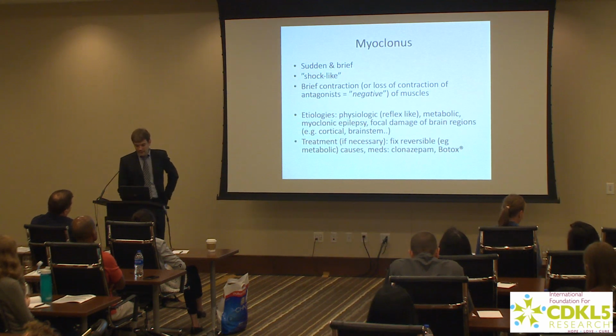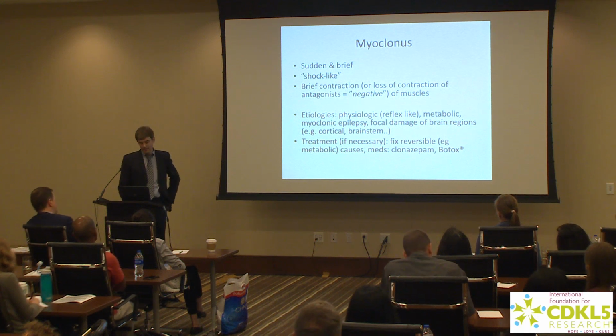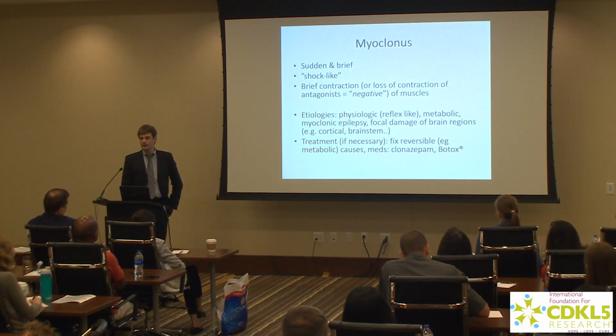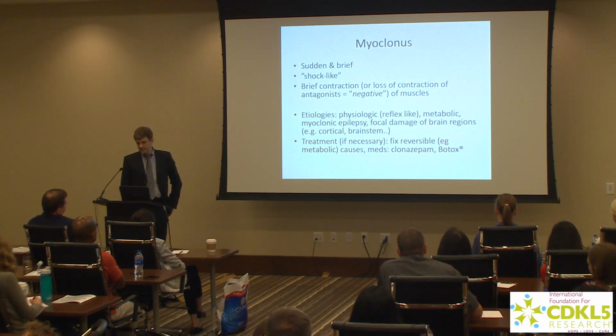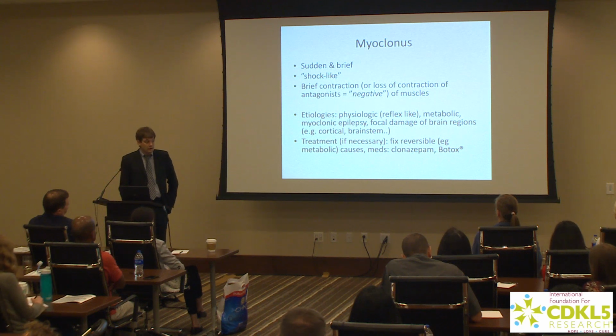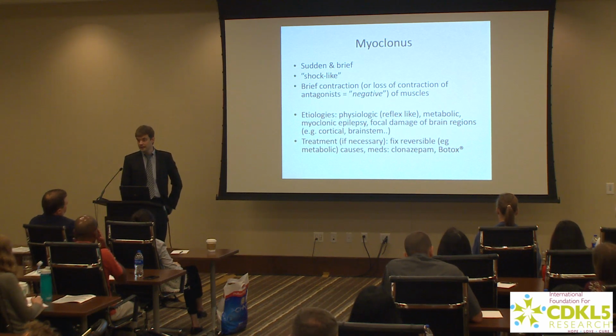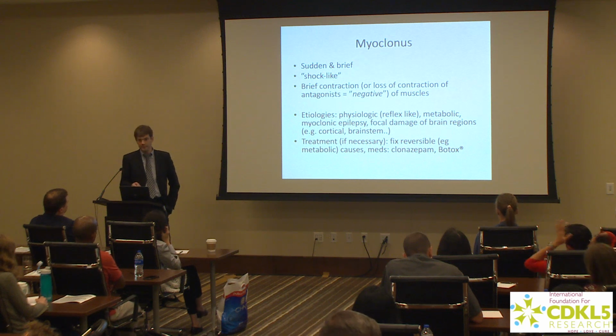All right, so that is chorea. And then another movement disorder that is tricky is myoclonus. In a majority of cases, myoclonus is really muscle myoclonus. What it looks like is a very sudden and brief little shock-like jerk of a muscle or of a region of muscles.